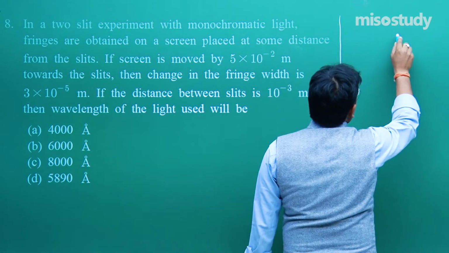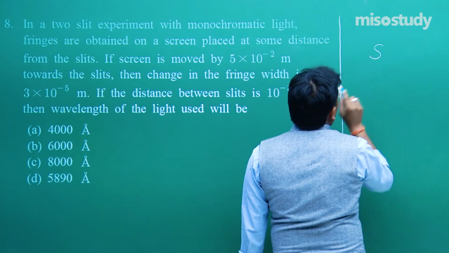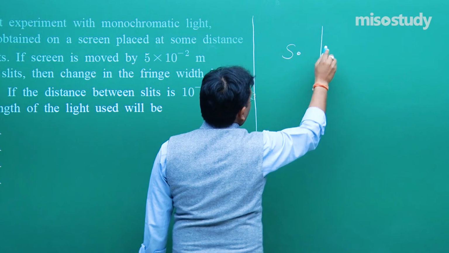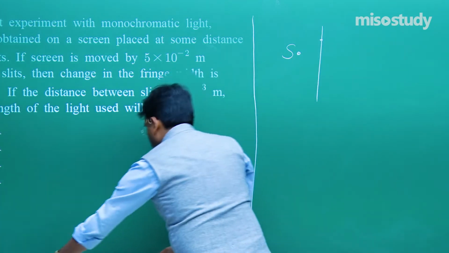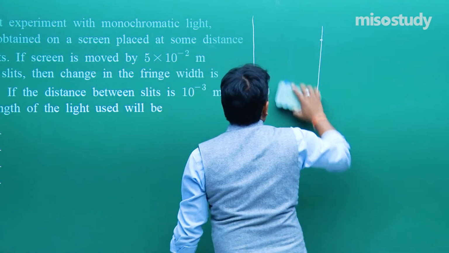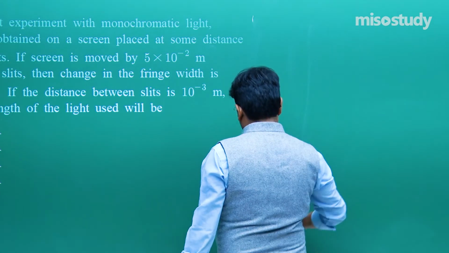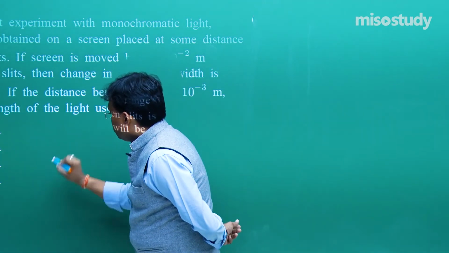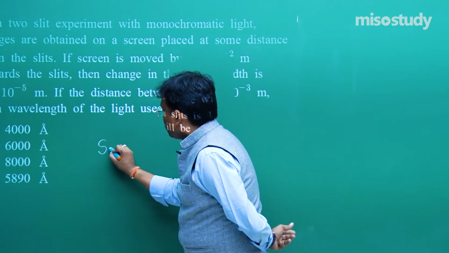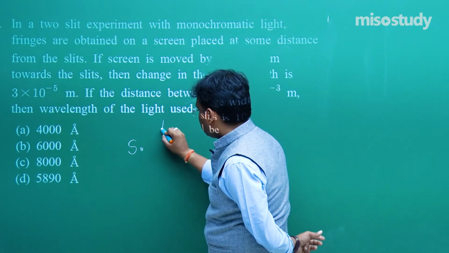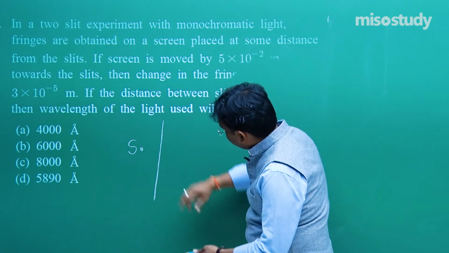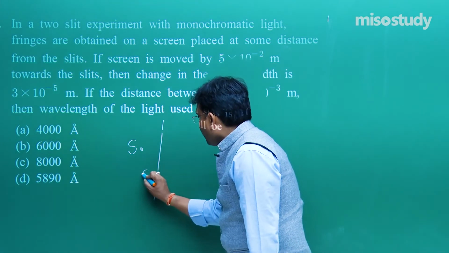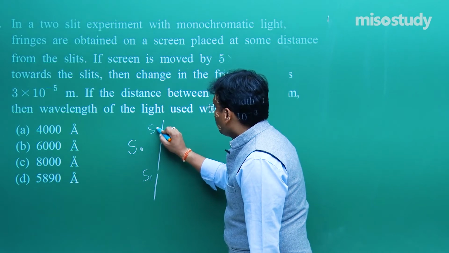The diagram is, this is S, the first source, then, I think I should create the diagram close to this question itself. This is the first slit, then this is S1 and this is S2.